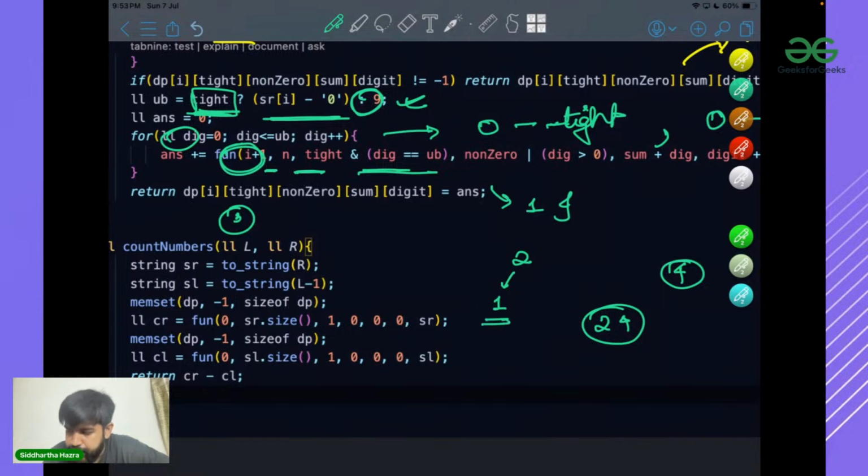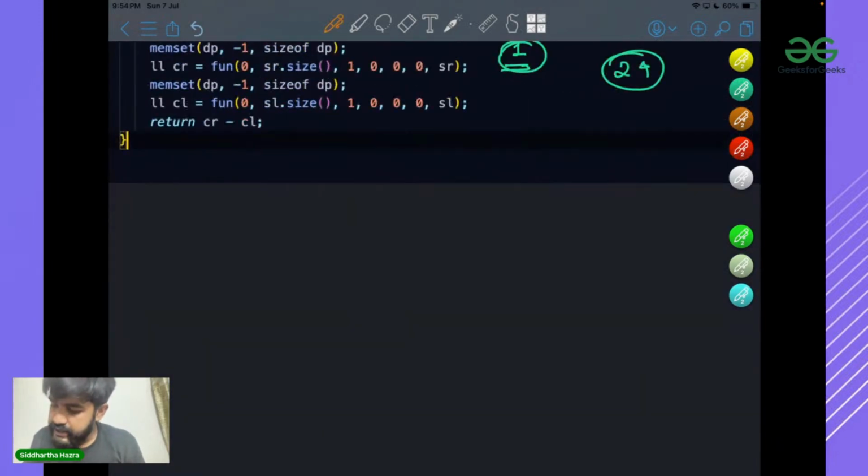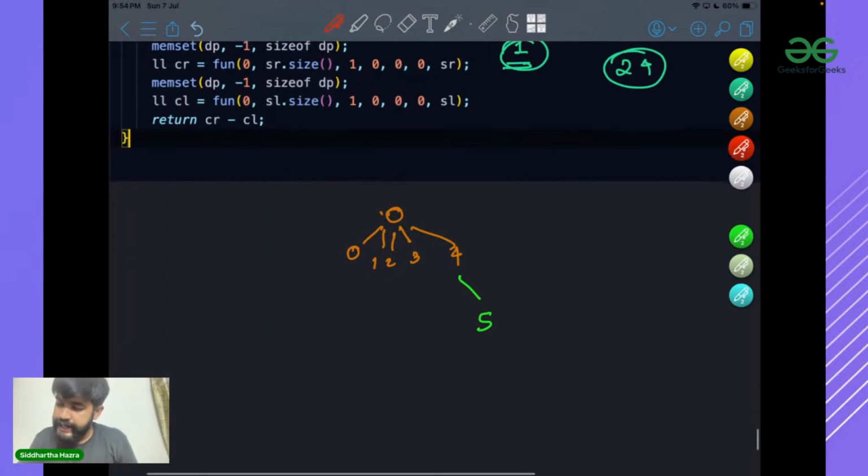But after assigning 1 to it, once I have gone to this side, I have to respect the left and right side. Now on this side I can go anywhere, because I am going from 0 to k. Let me draw the tree also. Let's say this is 0, 1, 2, and let's say 3, and 4. Say we are told to respect this side of ours.